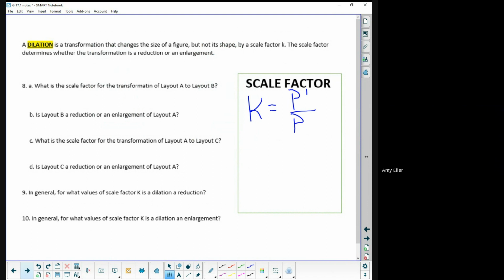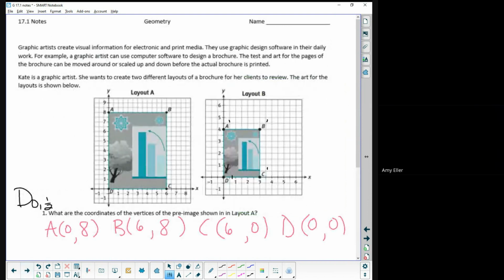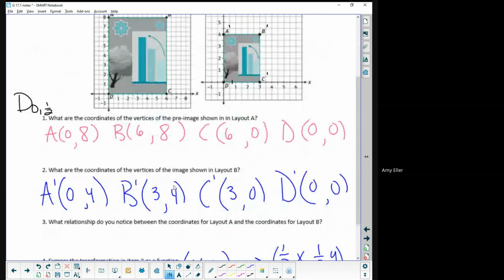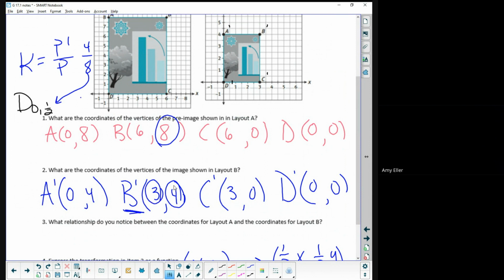Okay, now set your pencil down for a second. I'm going to copy that formula again so you can see where it comes from. The scale factor is P prime over P. Watch what happens if I take one of the numbers from the prime points. Let's say 4. 4 over what it corresponds with, 8, is a half. 3 is from this prime figure.